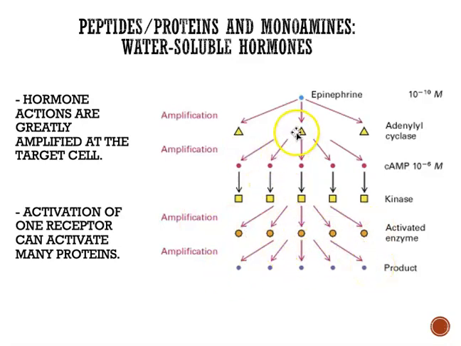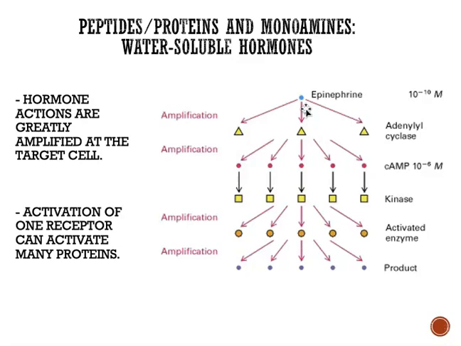So imagine if this was totally drawn out, how absolutely massive an effect this one little molecule of epinephrine would have, right? So that's the strength and the importance of these peptide protein monoamines, is they have this large amplification effect, and their receptors are on the cell membrane.